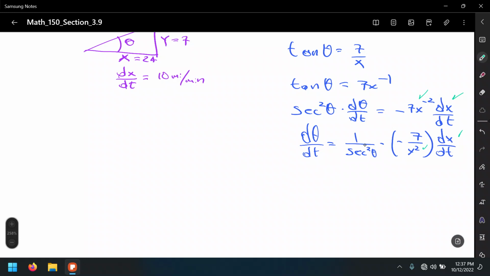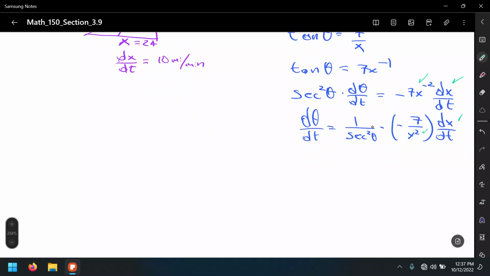All right, we don't know what secant squared is. However, that seems to me like one of the hard trigonometric functions to work with. How about we rewrite this secant squared that is in the denominator to the numerator, using a reciprocal function. What would be the reciprocal of secant squared?